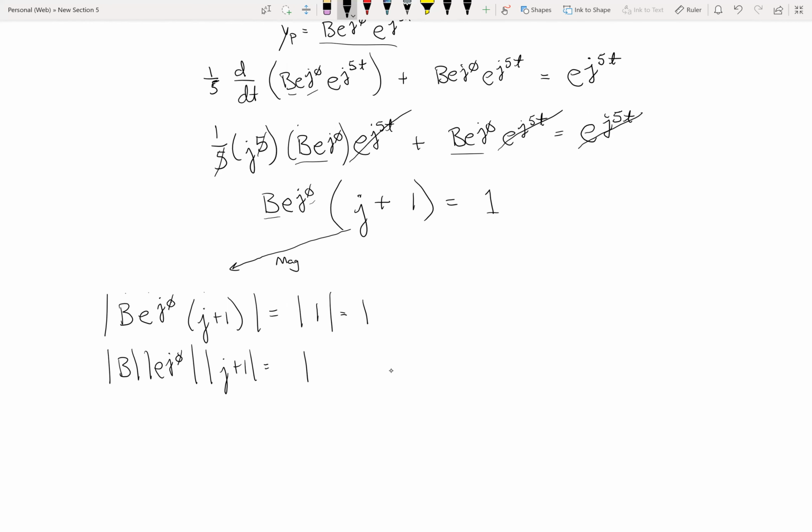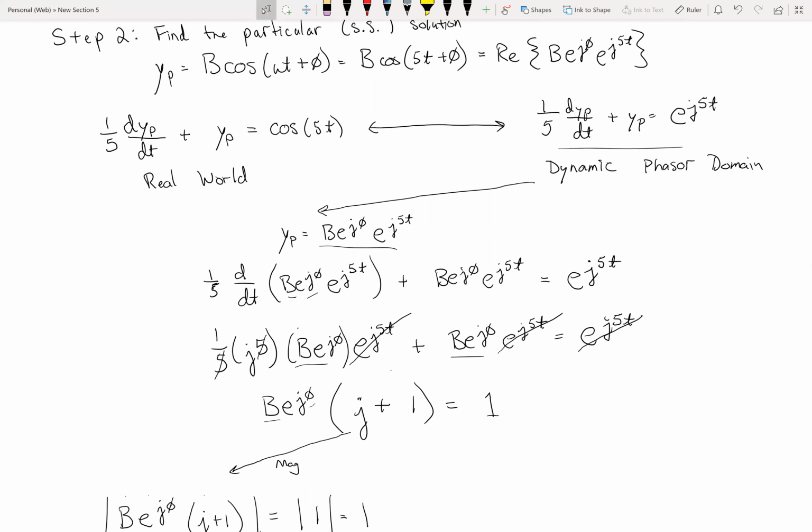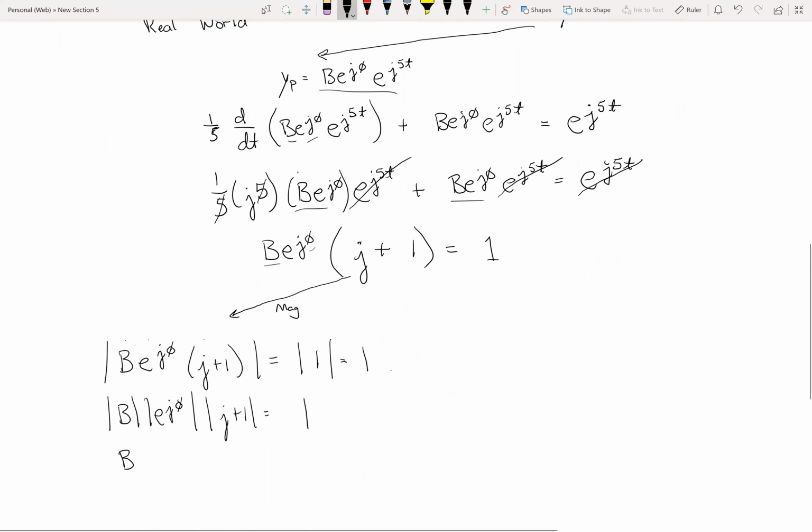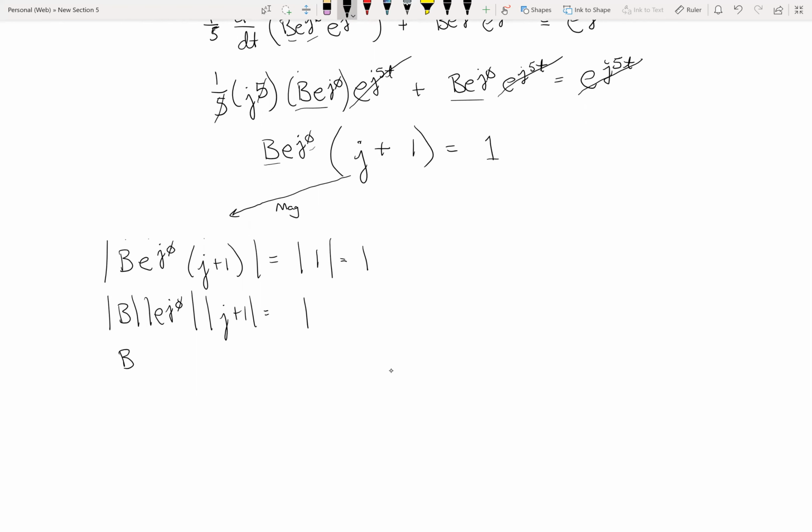Looking at this, a couple of things. B is just a constant, a constant real number. We know it's a constant real number because in the real world, we have a voltage that is B cosine omega t plus phi. There's no complex amplitude that you would have on a cosine, right? Now e to the j phi equals cosine phi plus j sine phi.